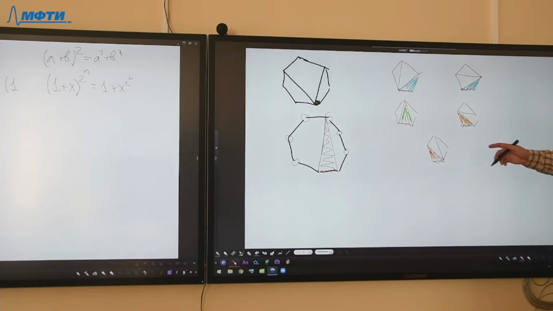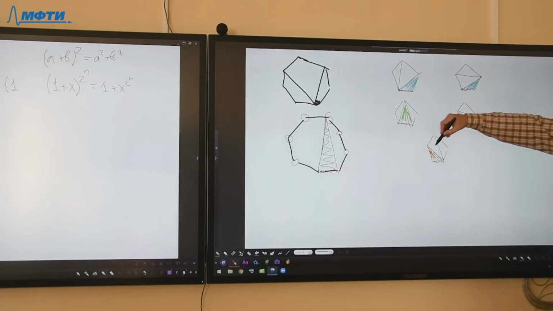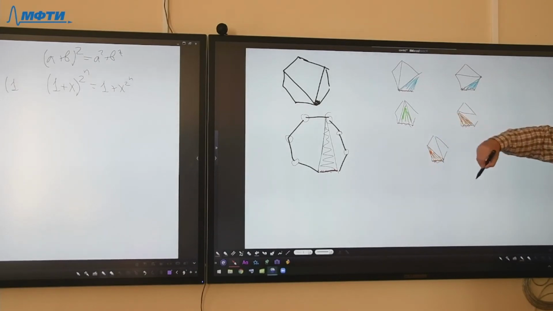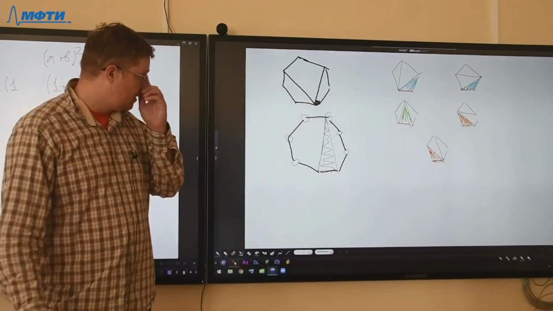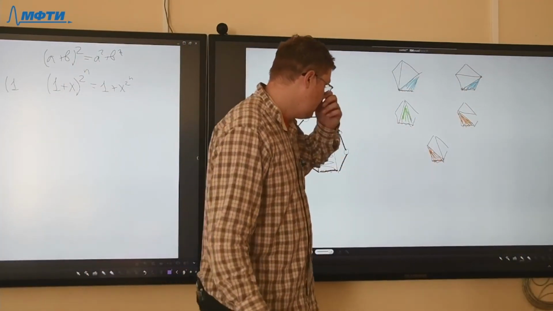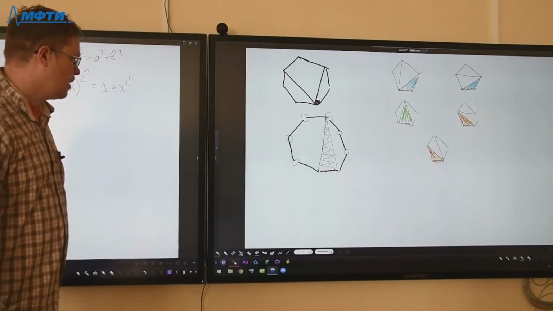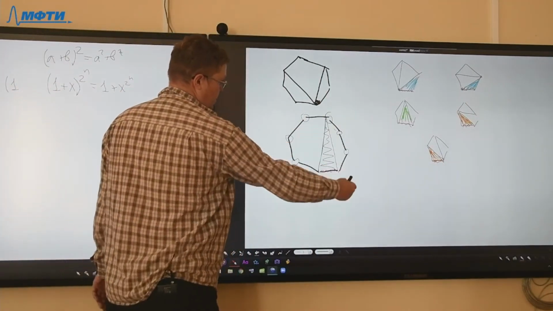And so if I choose the edge, and then I choose the third vertex of my triangle, which has this edge in the triangulation. This vertex can be any of these vertices.